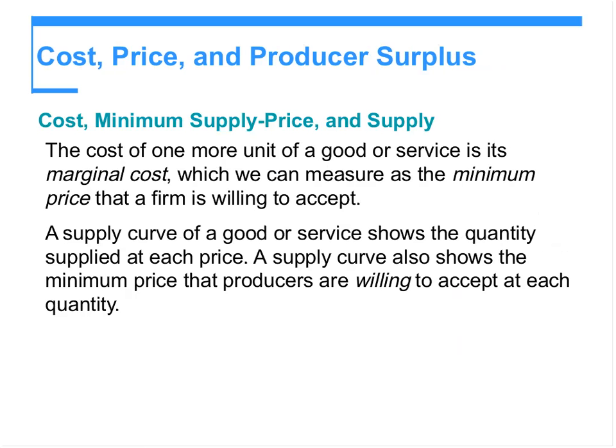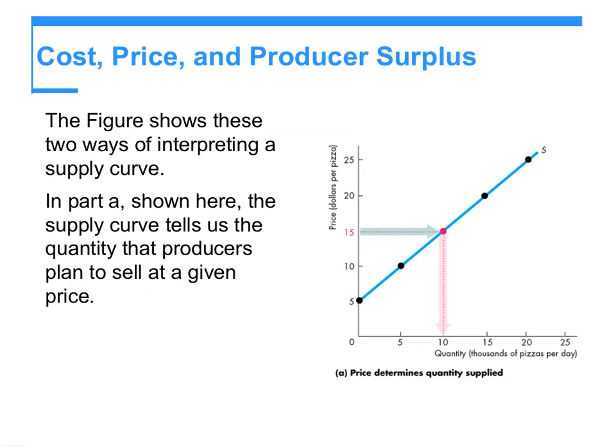A supply curve of goods or services shows the quantity supplied at each price. A supply curve also shows the minimum price that producers are willing to accept at each quantity. Look at here. That is a typical linear supply curve. The figure shows two ways of interpreting the supply curve, as we explained for the demand as well.